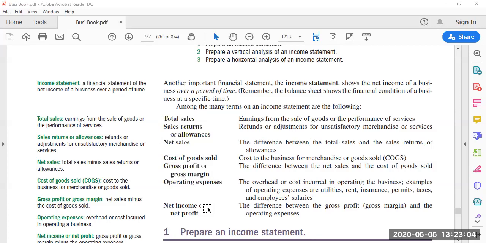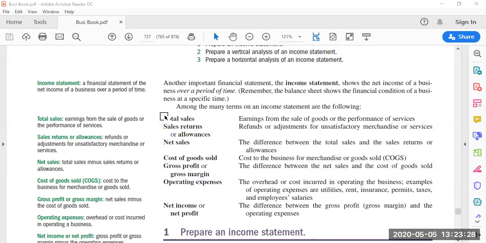And finally, we will get to the point of determining the net income or the net profit of the business during that period of time. That is the difference between your gross profit or your gross margin and the operating expenses. So these are our terms, and these are your main sections that you will find on an income statement.